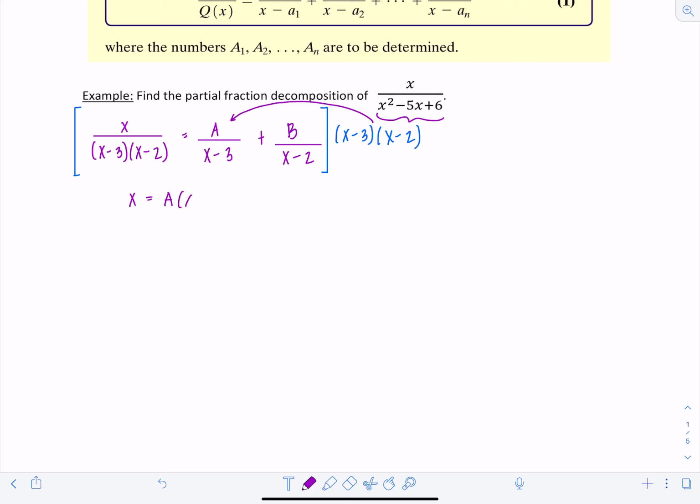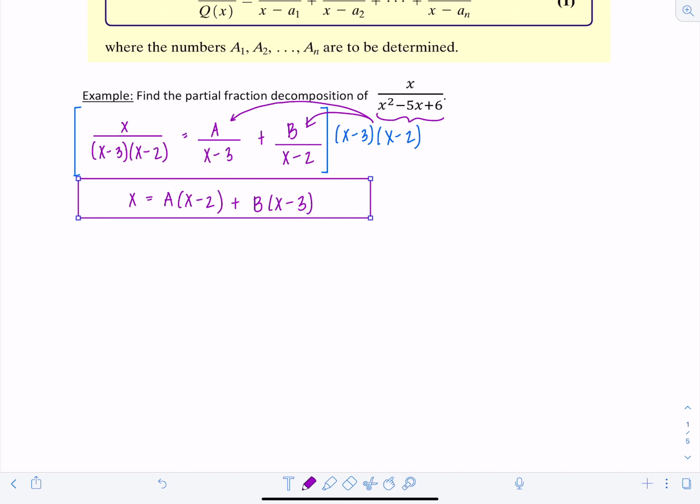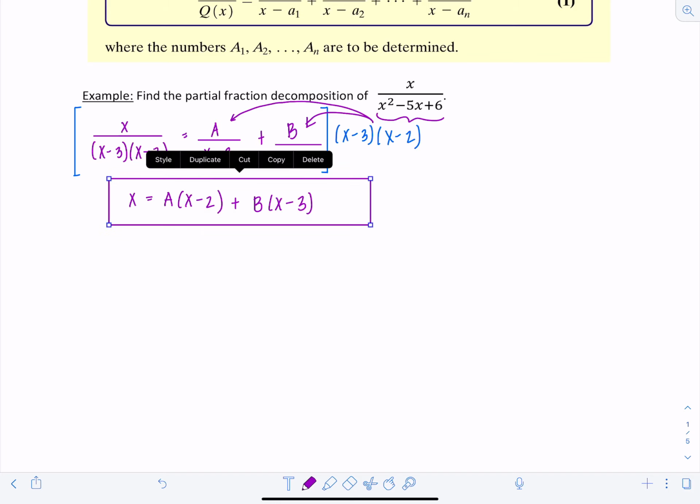So I'm going to have a times x minus 2 plus b times x minus 3. Now from here, there's two different ways that you can solve, and I'm going to show you both because you're going to need to know how to use both depending on which case you're in. For this case, we could use either method, but for other cases, you're going to need to use one in particular.